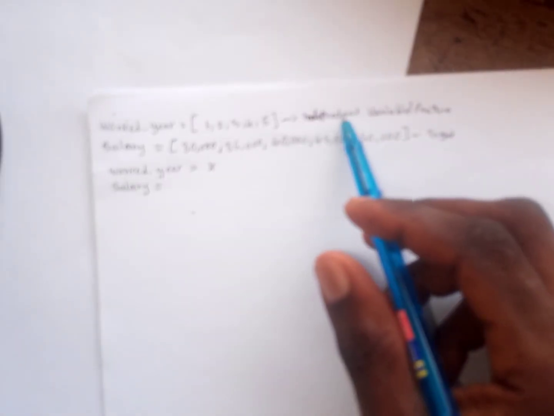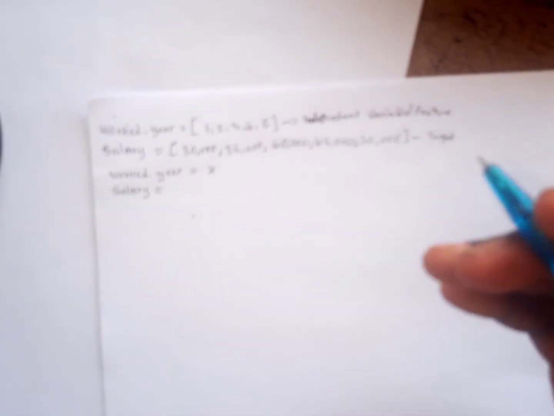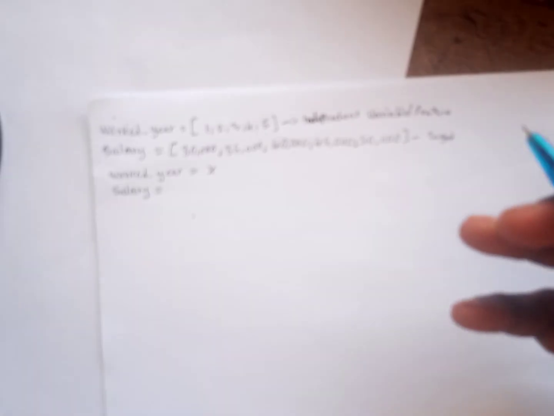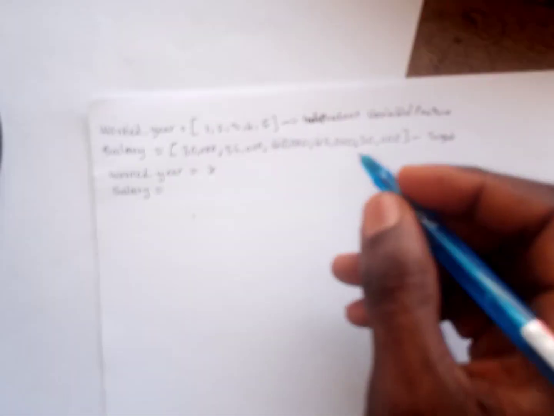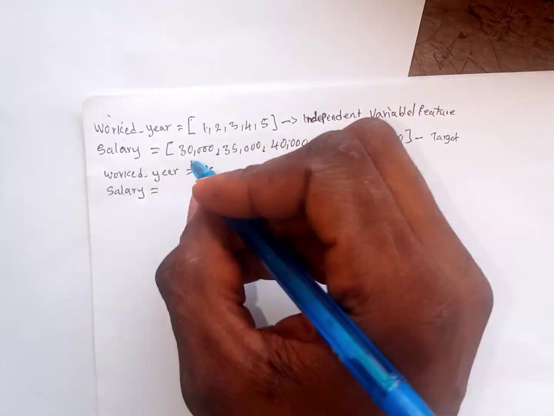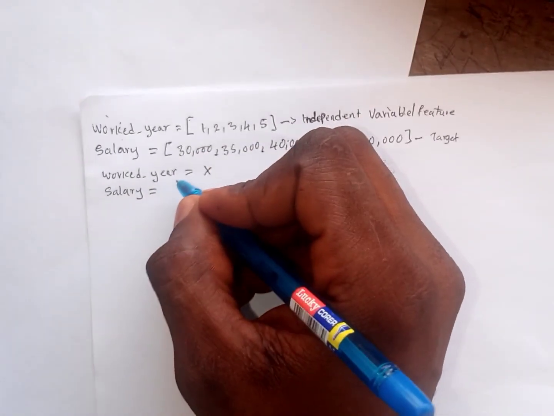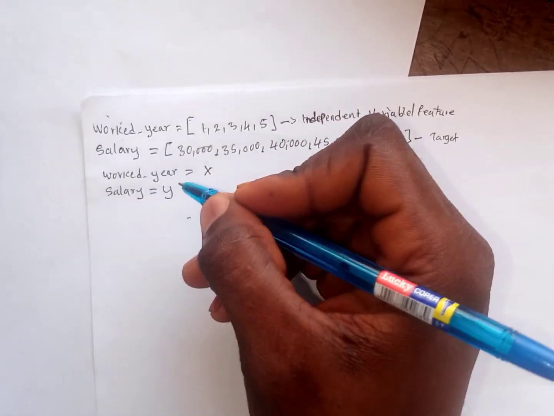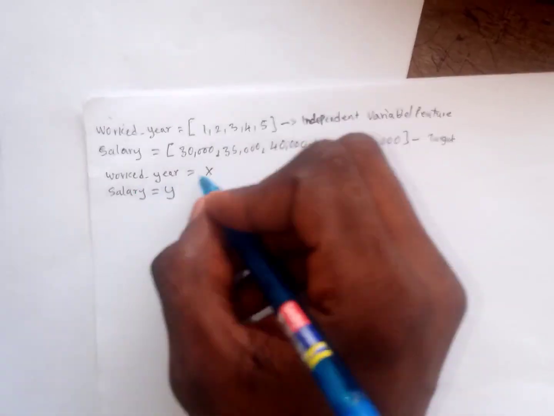What we mean by independent variables are things that can lead to a particular event to happen. That is basically what independent variables are. The target is salary, so we give salary y, sorry, not x, and worked year to be x.